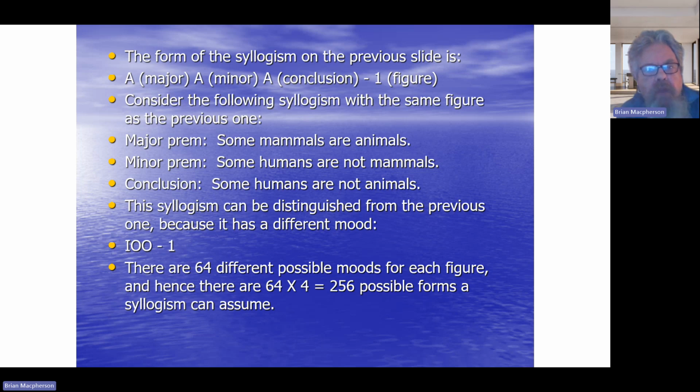The first proposition, some mammals are animals, the major proposition, is I. The second proposition is O, some humans are not mammals. And the conclusion is O, some humans are not animals. So this is I-O-O-1. As I say here at the bottom, there are 64 possible moods for each figure, and hence there are 64 times 4, or 256 possible forms a syllogism can assume.